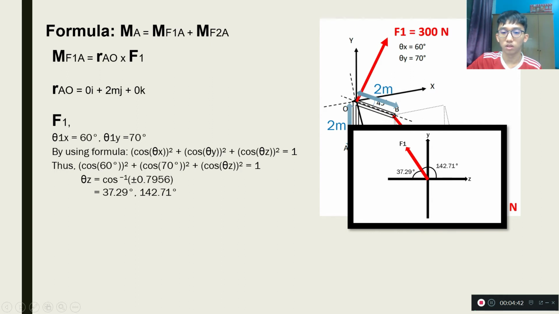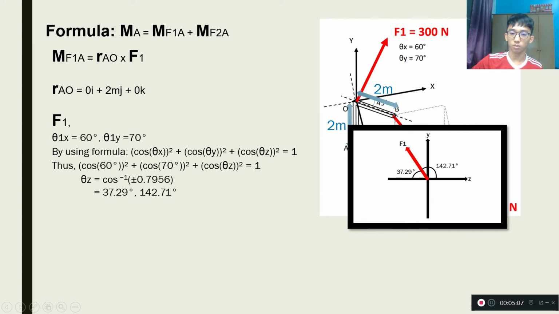Our theta here refers to theta z, which means the angle from the force F1 to the z-axis. So we will have two angles here. The smaller angle refers to 37.29 degrees, and the bigger angle refers to 142.71 degrees.